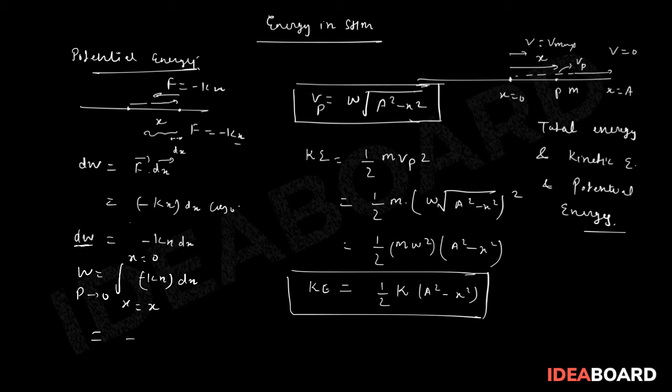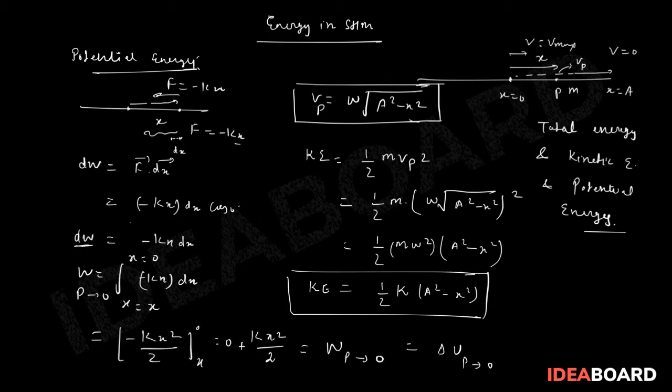So this will be minus kx square by 2, limits are from x to 0, so this will give you 0 plus kx square by 2 while putting the limits. So this will be work done from P to O. This work done will be delta U for P to O.